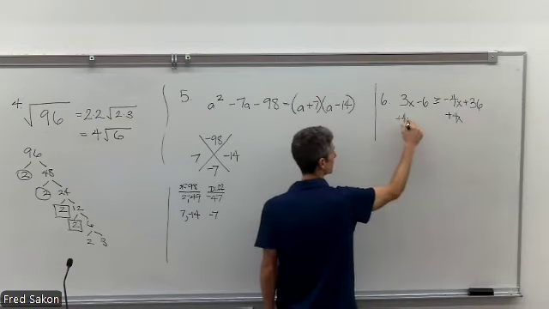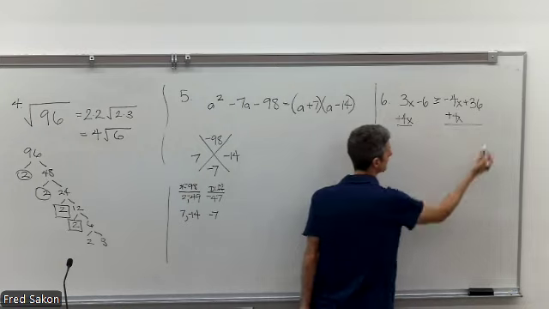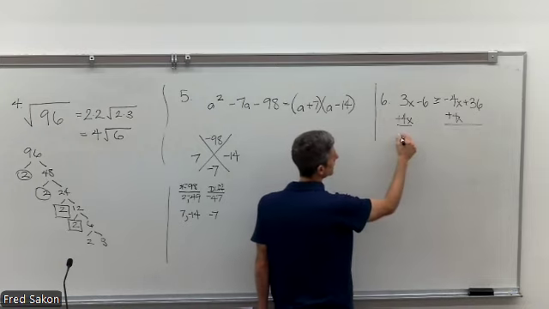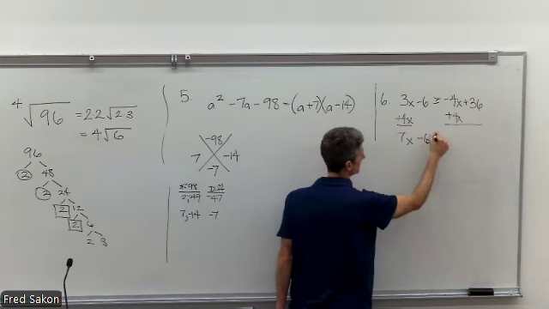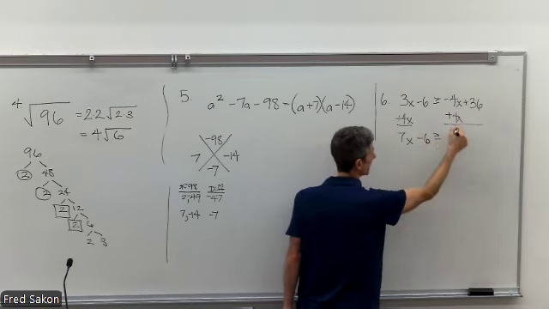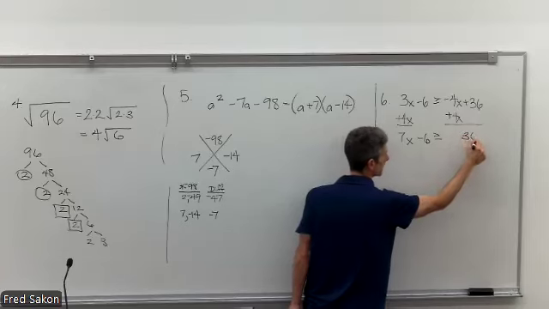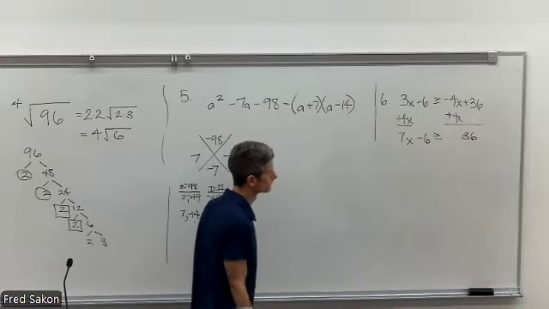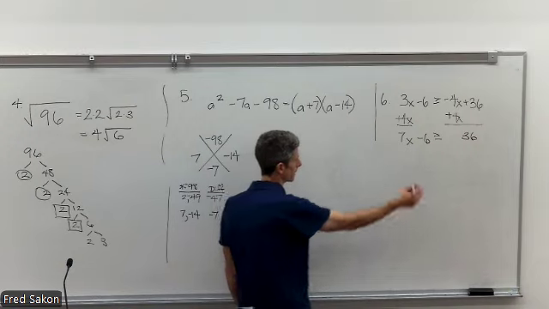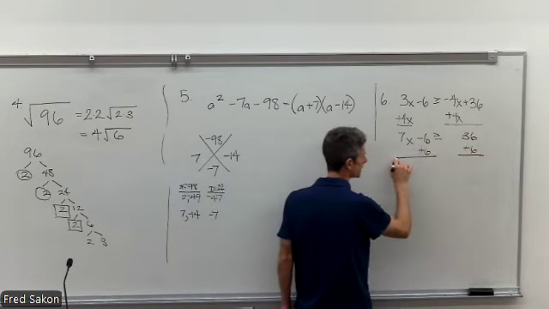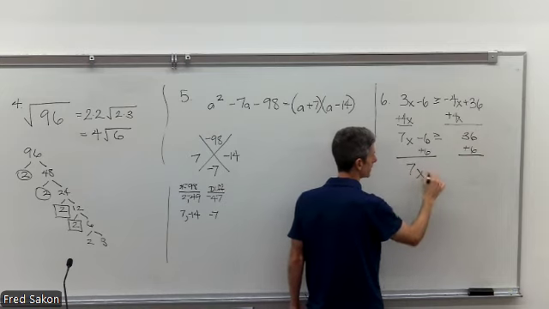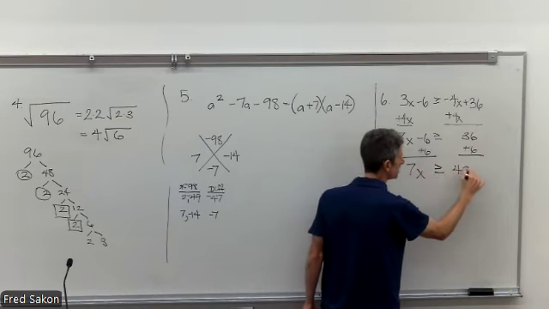Or you could just as well start with something like +6 on both sides, either way. This gives me a 7x. I bring down my -6, and that went away. I'm left with 36 over there. Now I'm going to add this 6, bring it with that 36. Got 7x left over here, 42 here.